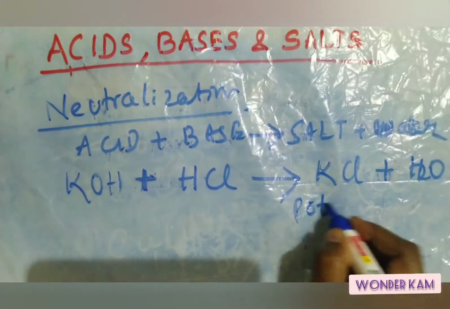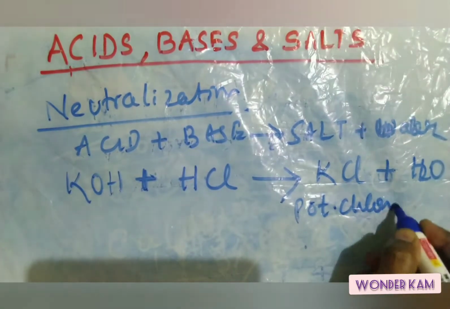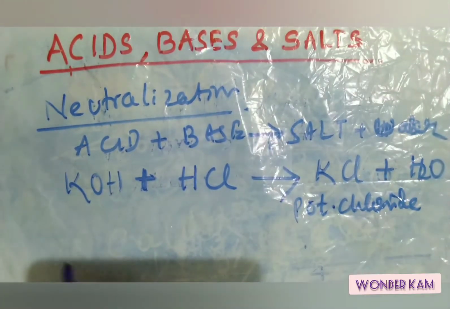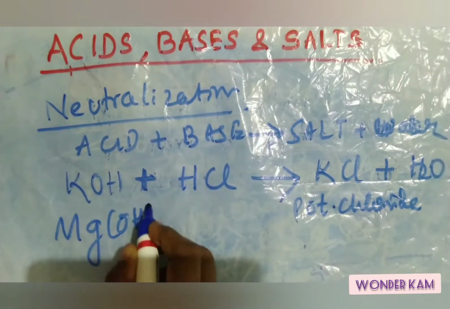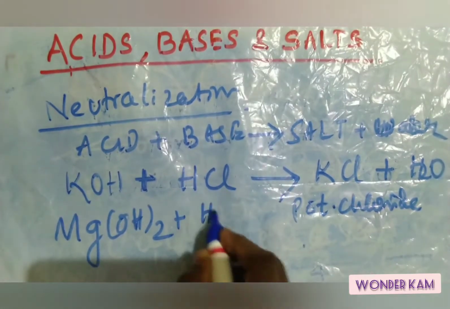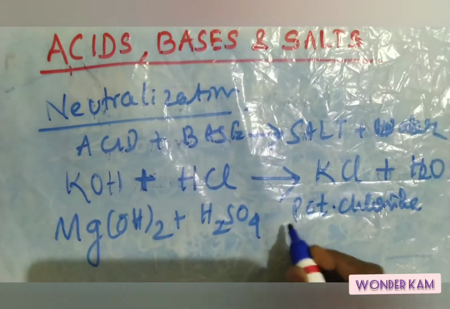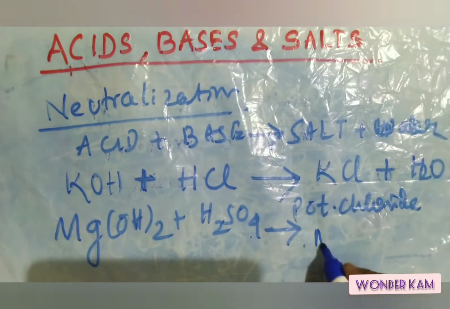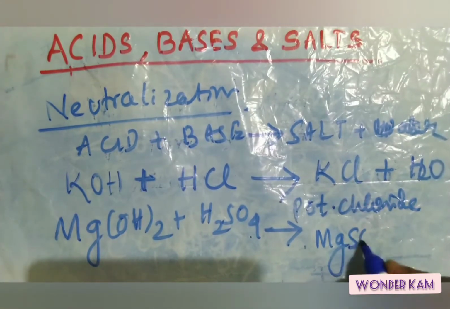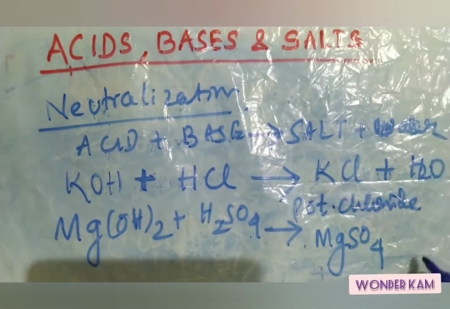This is potassium chloride, this is the salt. Or even if we take one base, magnesium hydroxide, plus sulfuric acid as the acid, then we'll get the salt, that is magnesium sulfate plus water.